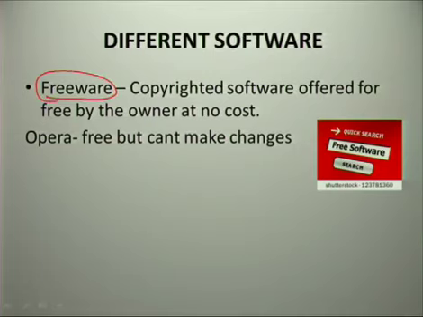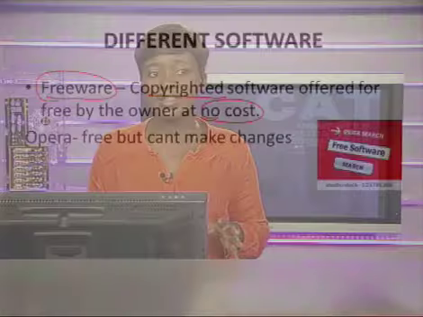Freeware is software that is copyrighted and is offered for free by the owner at no cost. This is the software that most people would be able to get for free from the internet, and they don't have to pay anything to use it. An example would be if you have Opera Mini on your phone.